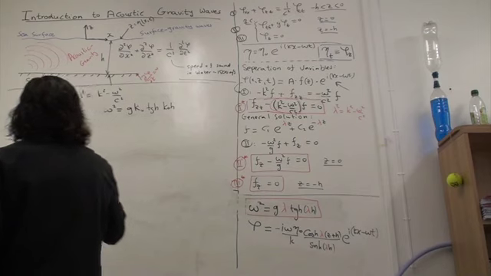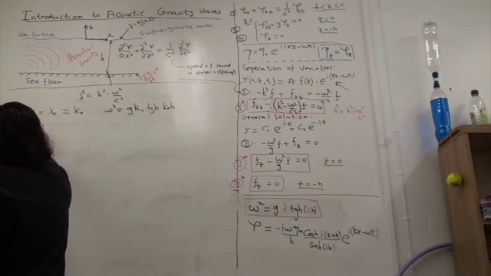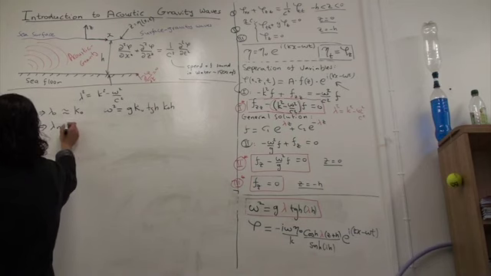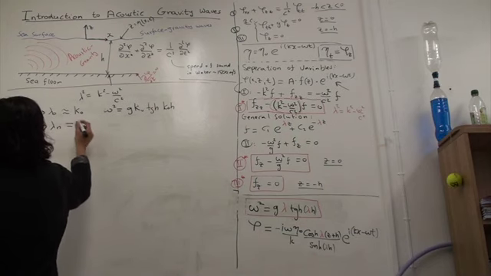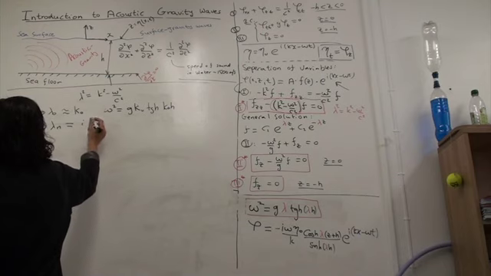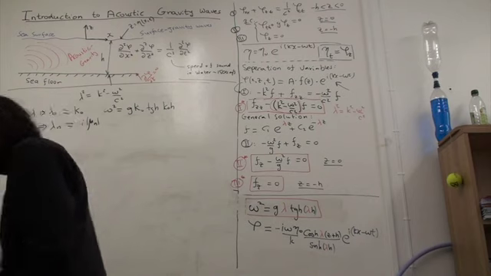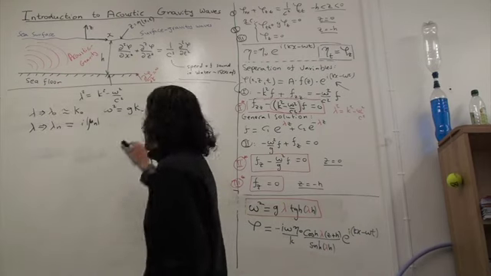So let's write, we can have lambda n equal i mu n, where mu n is simply real now.